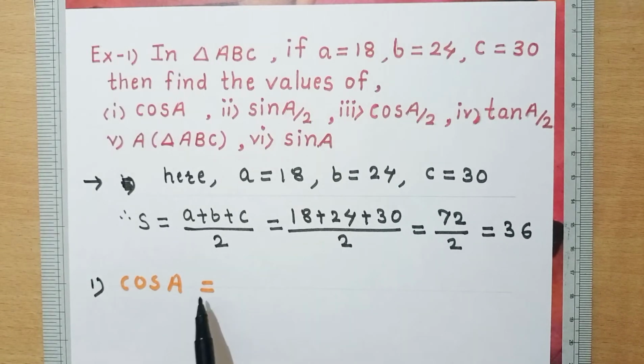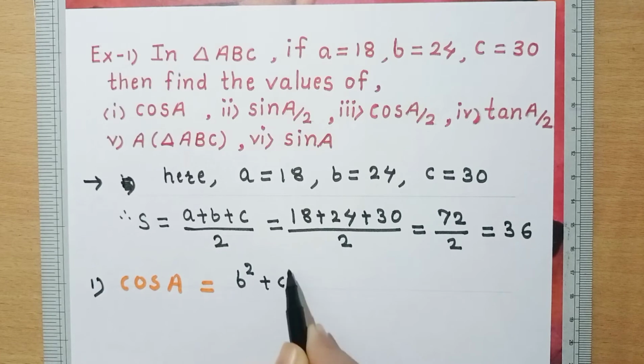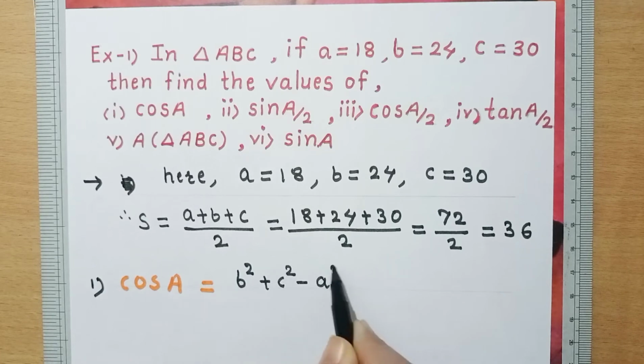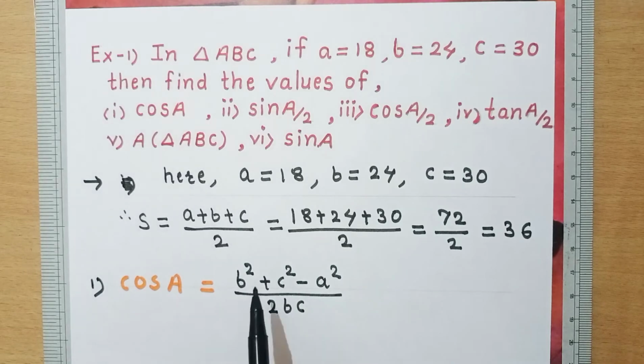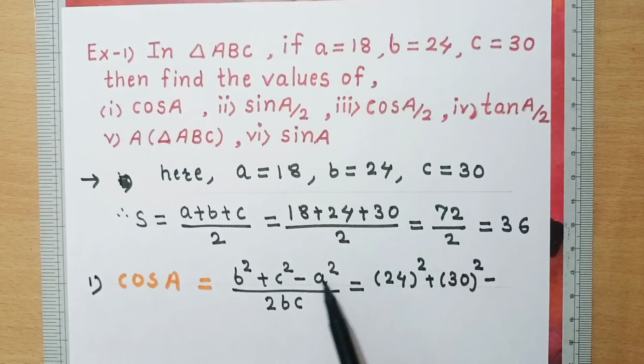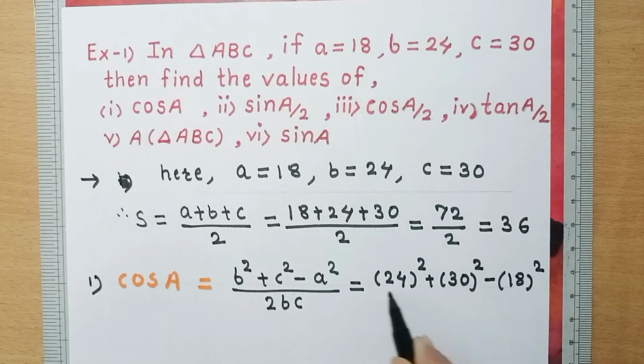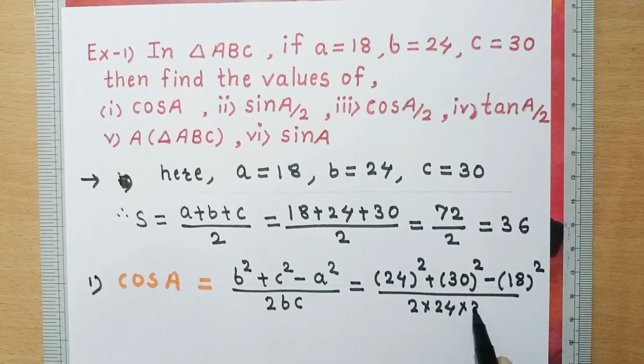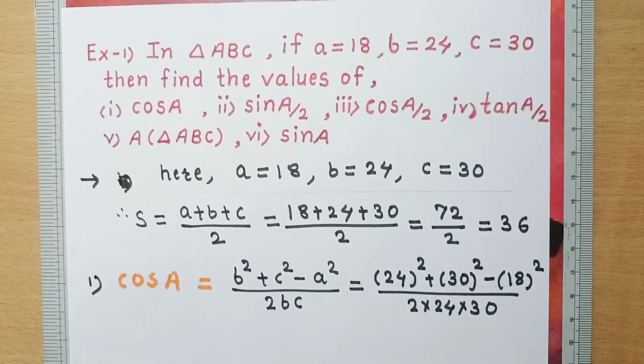Now let's find the first one. By the cosine rule, the formula is b square plus c square minus a square upon twice bc. We know the values of a, b and c, so substitute these values here. a means 18 square, upon twice 24 multiplied by 30.